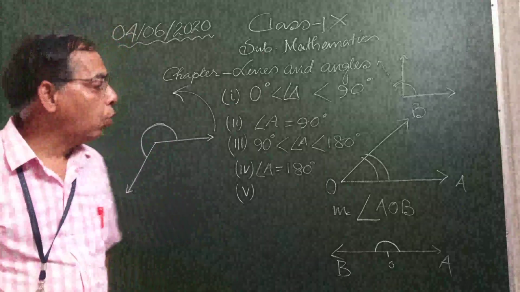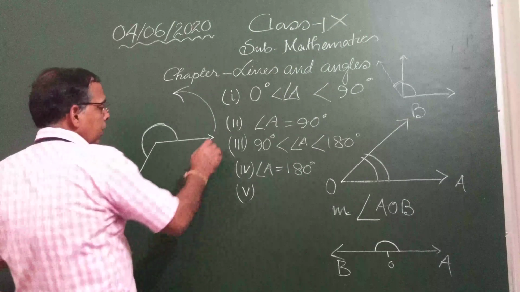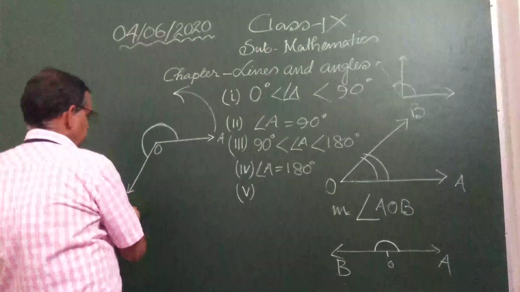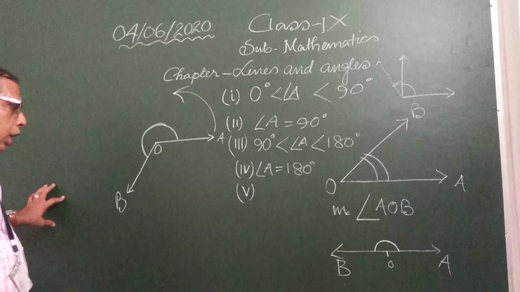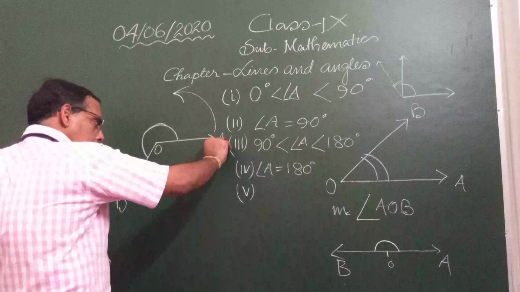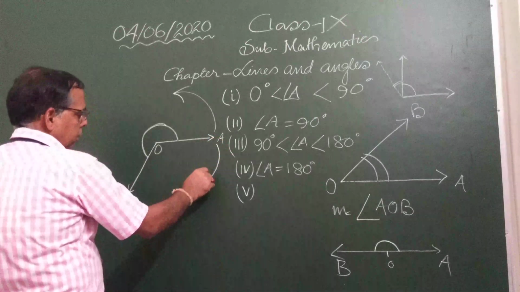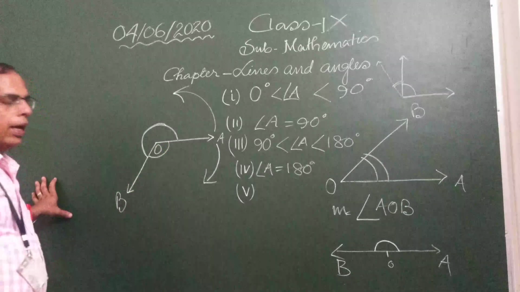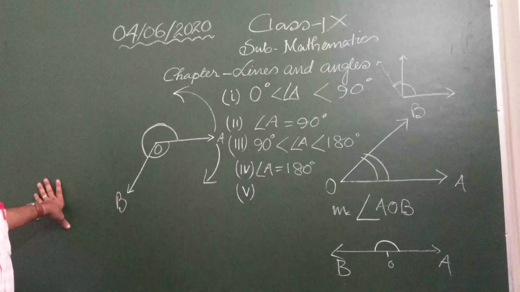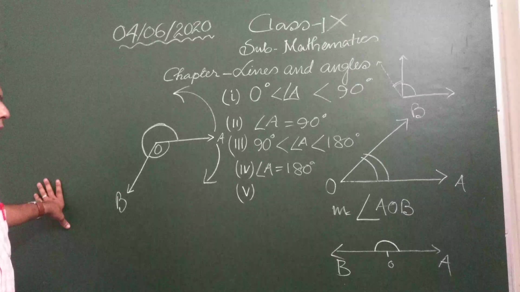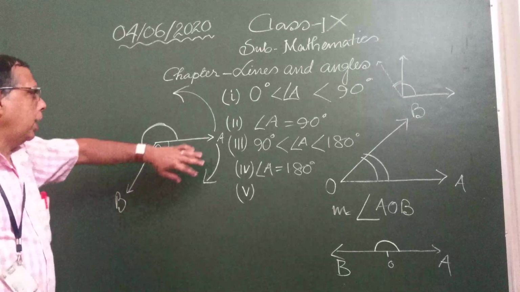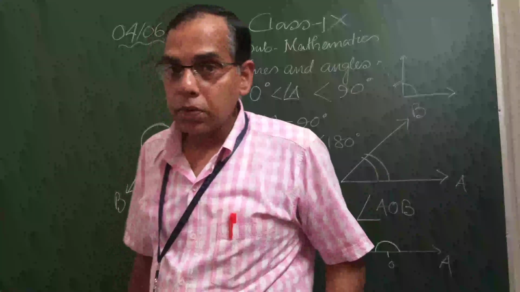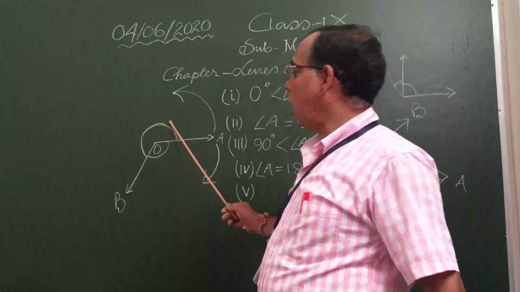Now, what is the meaning of a reflex angle? Suppose A, O, B. If you come along the clockwise direction, then what type of angle is this? This is an obtuse angle. And when you go in the anti-clockwise direction, it is more than 180 degree.